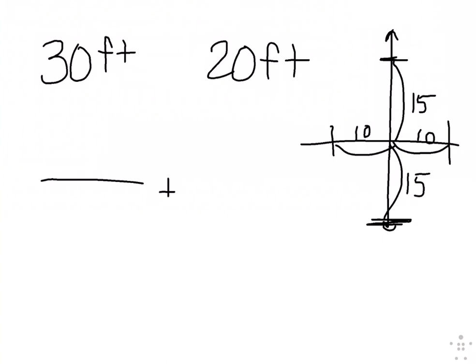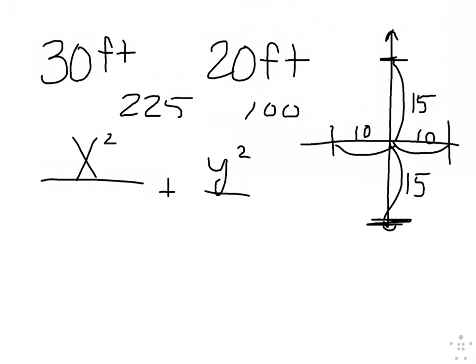So I have 225 and I have 100. Where should the 225 go underneath, the x's or the y's? Why? It's the bigger number. Plus it also told you that it's more vertical than it is horizontal, right?